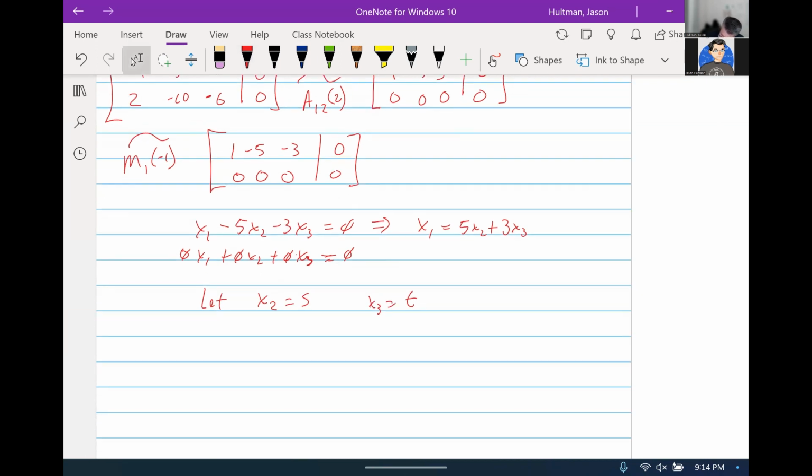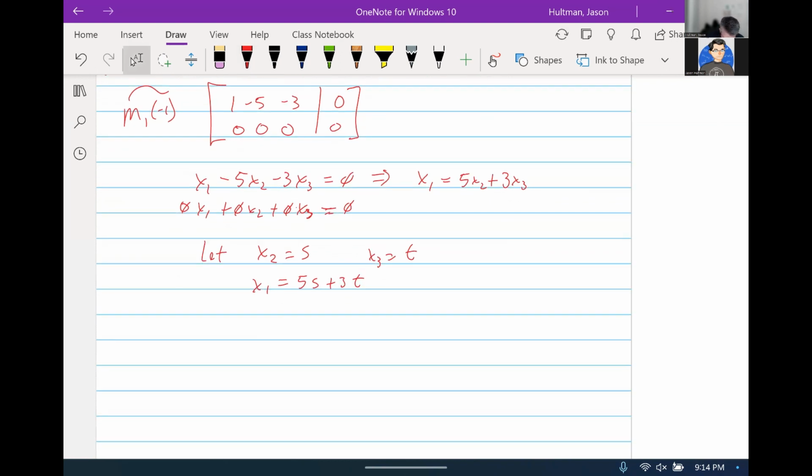And so then x1 would be equal to 5s plus 3t. That's going to help me out in a second. I'll show you why. So if we wrote the x1, x2, x3 in terms of s and t, then x1 was 5s plus 3t, x2 is s, and x3 is t.